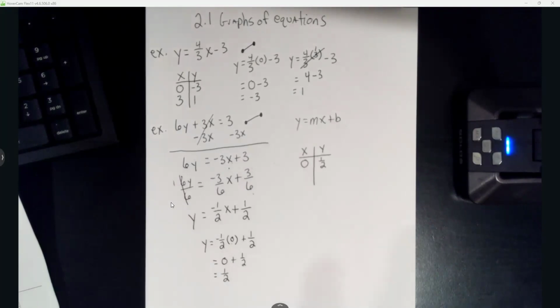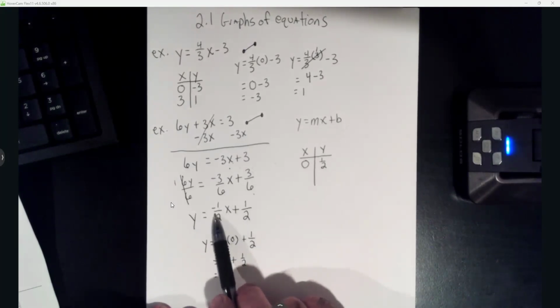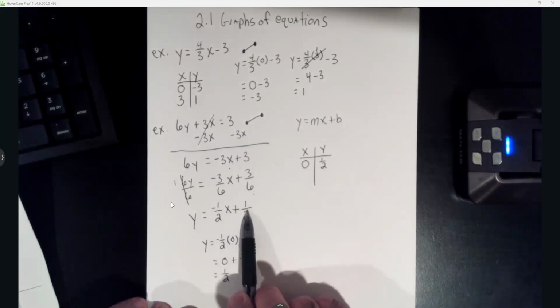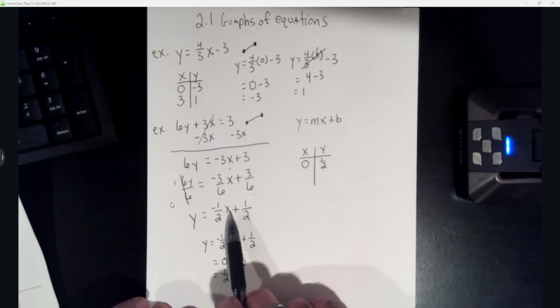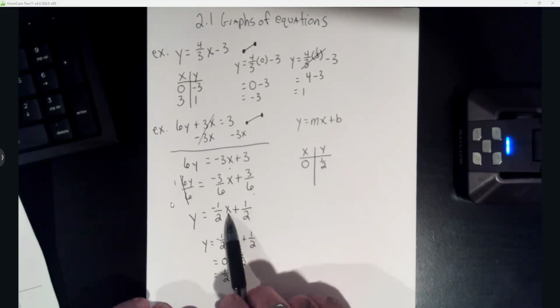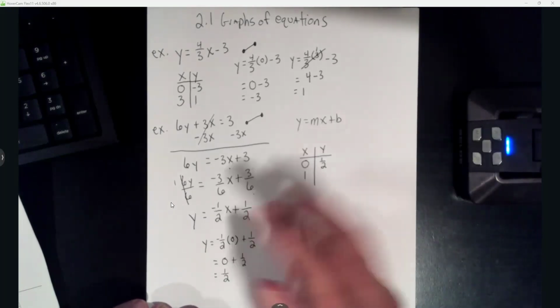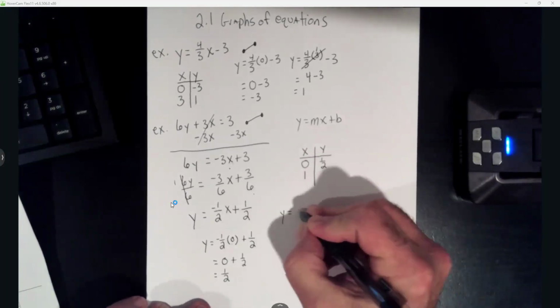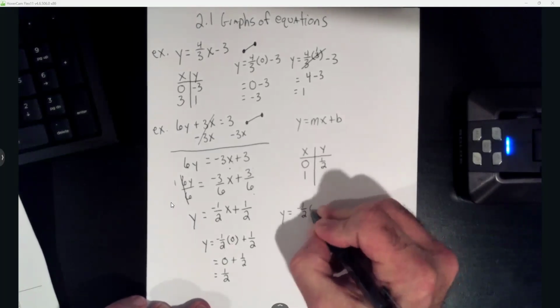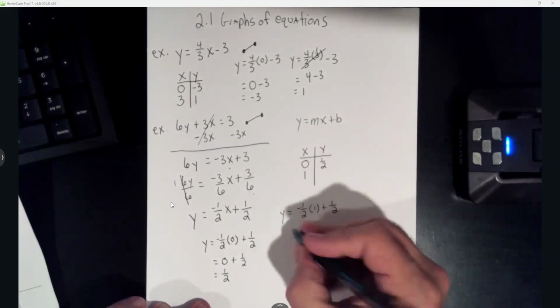And I'll sort of show you how to graph that one in MathLab also. Now, my second number, I got a negative 1/2 here and a positive 1/2 here. If I want to be able to just add them two together and get a 0, can I make that x a 1? So if that x is a 1, I'll get y equals negative 1/2 times 1 plus a positive 1/2.